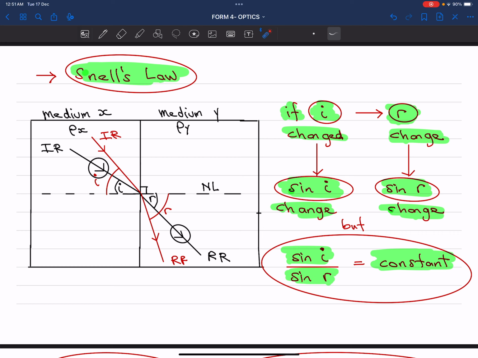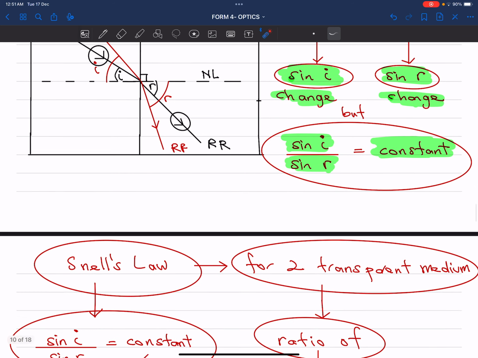And then if I take sine I2 divided by sine R2, I'm going to get back the same number. So even though the I is different, the R is different, sine I and sine R is different, when I divide sine I over sine R, I always get the same number, which is a constant.